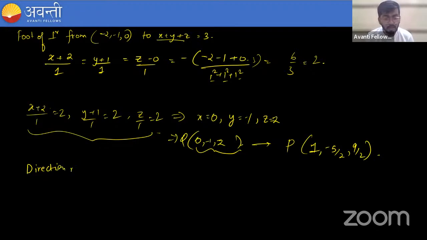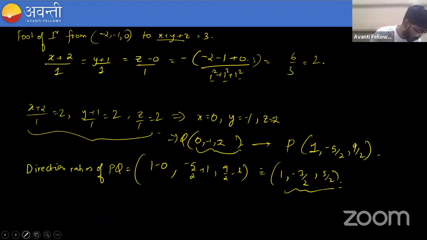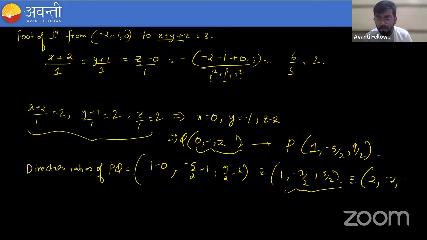So the direction ratios of PQ will be 1 minus 0, -5/2 plus 1, 9/2 minus 2, which will be 1, -7/2, 5/2. So we have found out the direction ratios of PQ, right? If we multiply 2 to all the values, we can get the direction ratios again: 2, -7, 5.